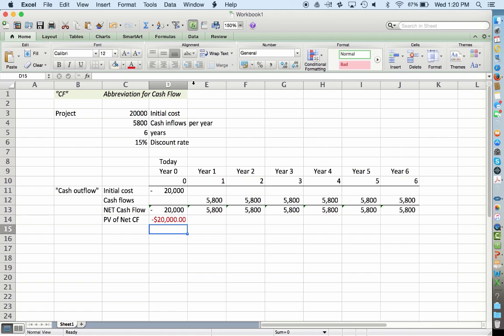And I also want that value to be negative because that 20,000, the totality of it, the money's taken out of my pocket to pay for the materials for my lemonade stand. Okay, now what I can do is copy that equation to the other years.